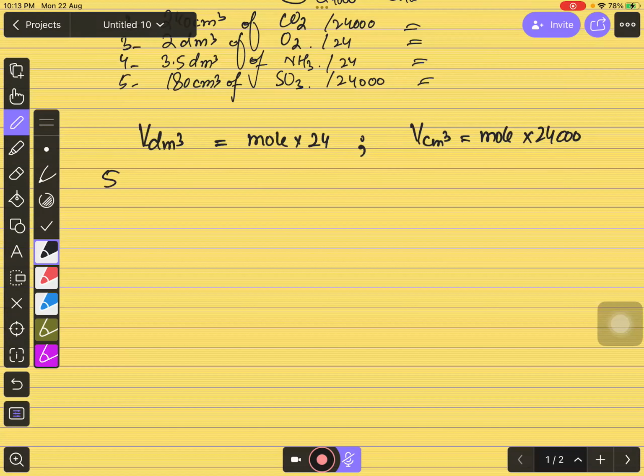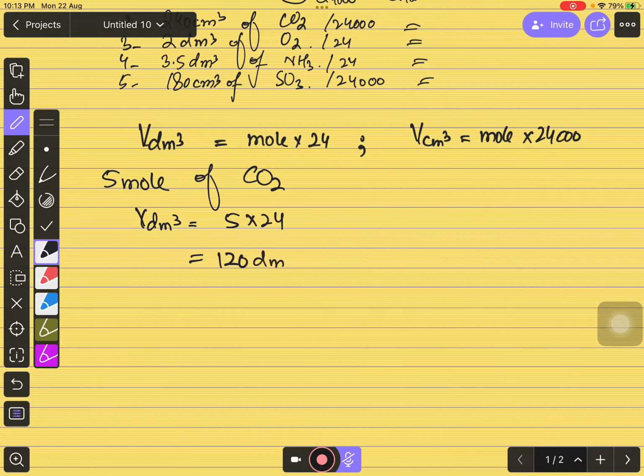For example, if you have 5 moles of carbon dioxide, and you want to find out the volume in decimeter cube, then 5 into 24 will give you 120 decimeter cube.